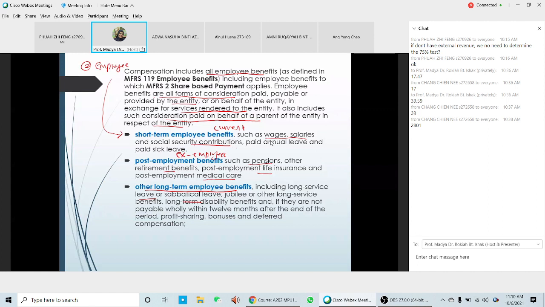So for individuals, we have two: the key management personnel together with the close family member, and also the employees. Employees here we have two types, current employees and post ex-employees.